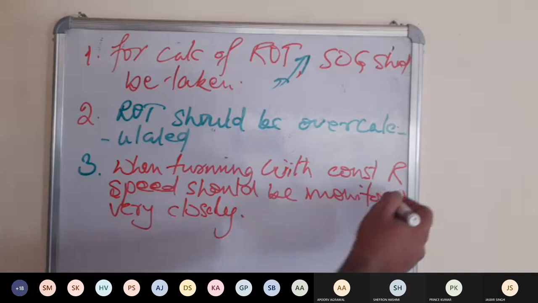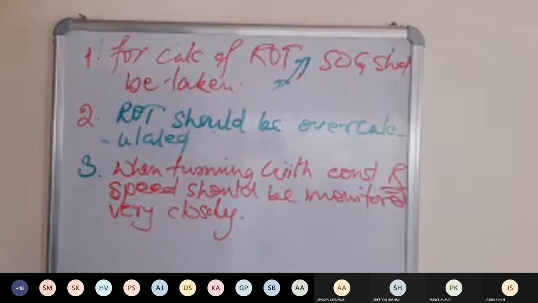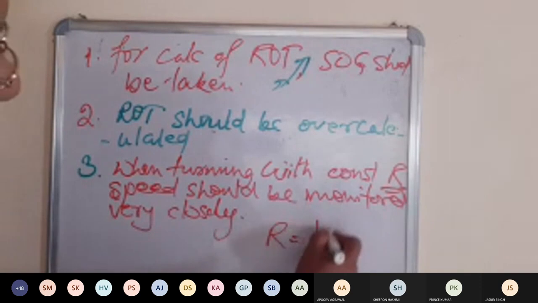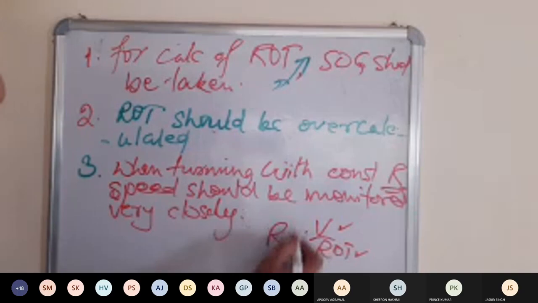Because we know in order to maintain the radius constant, we have to keep on changing the ROT as per dropping speed of the ship. Remember that when the ship is turning, the speed begins to drop. If we want to maintain the radius constant, if V is changing, I must also change ROT in order to get a constant result.